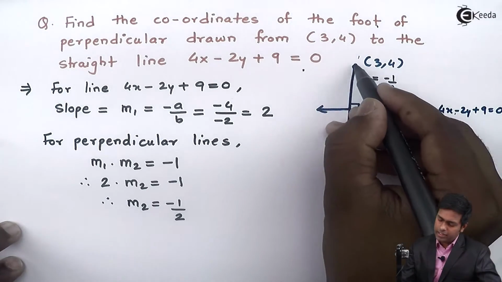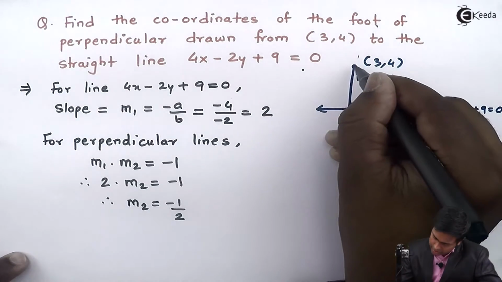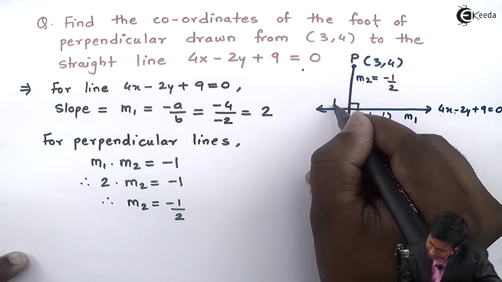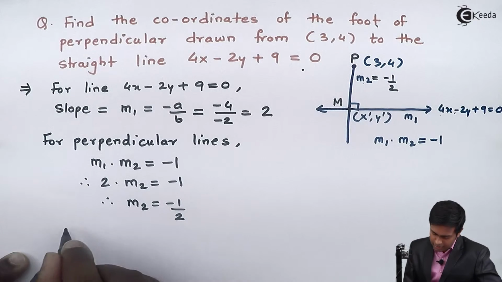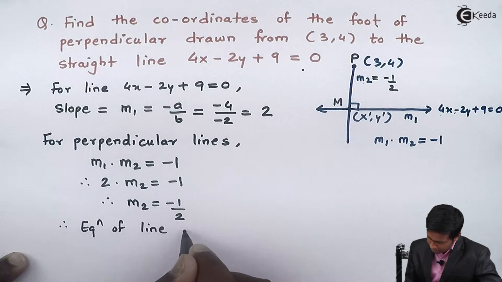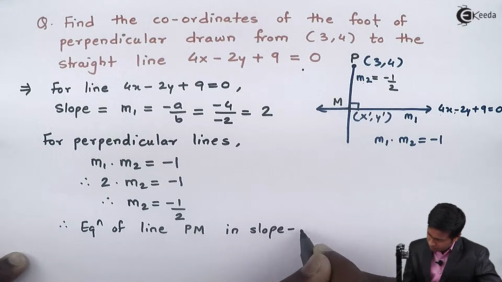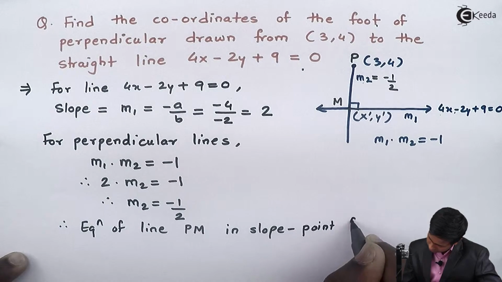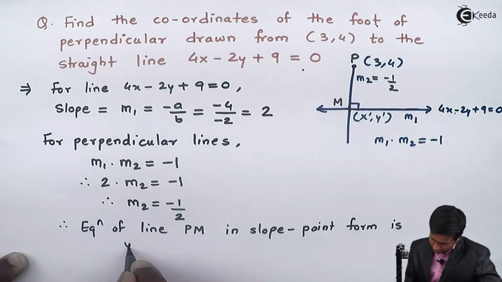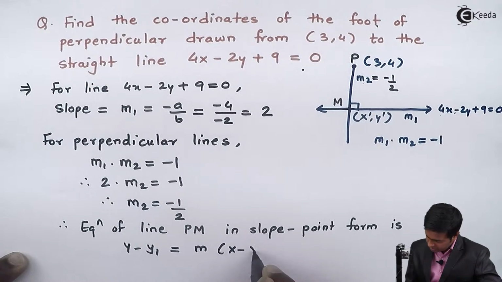Now for this line we can use the slope point form. Let's assume this point as P, and let's say this foot is M. Therefore the equation of line PM in slope point form is y minus y1 equals m into x minus x1.